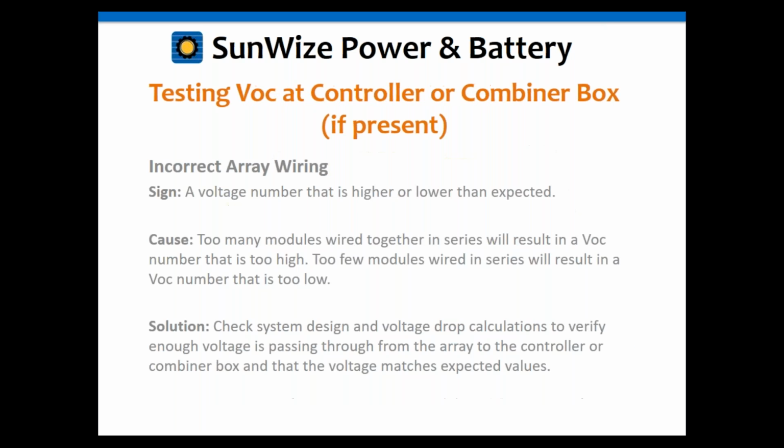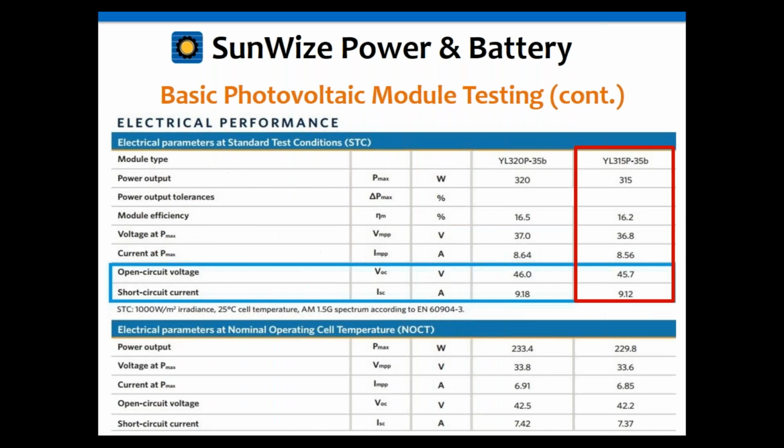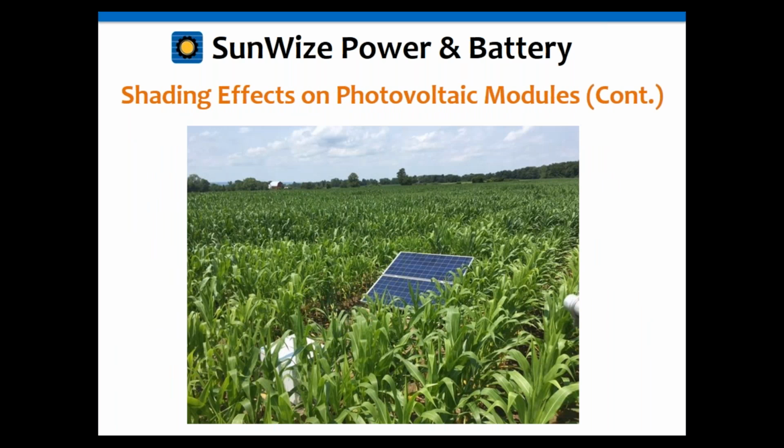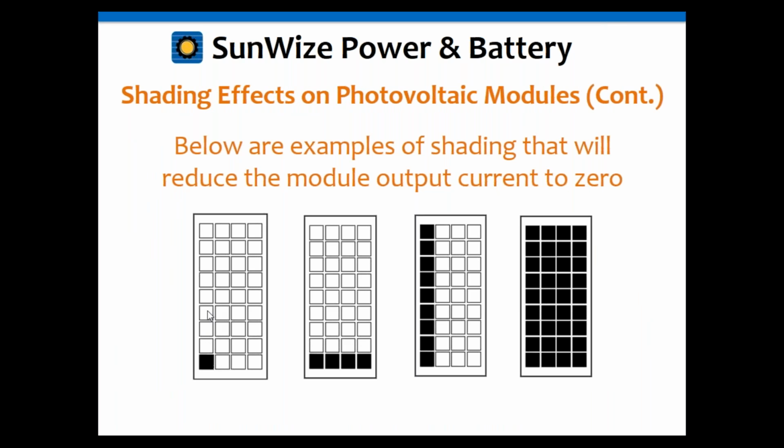Typically what happens with these, if I can get back to my solar module real quickly, is that the little lines that connect these cells together, the little ribbons inside, can fail over time. So the connections can go bad.